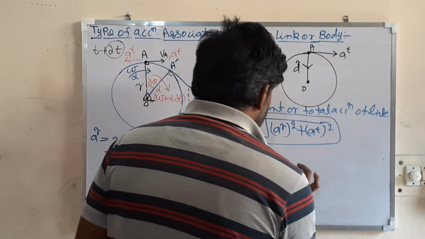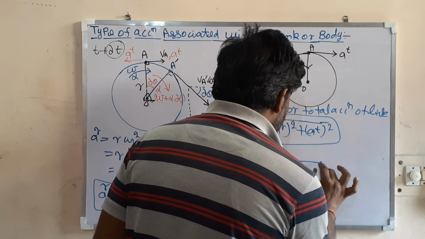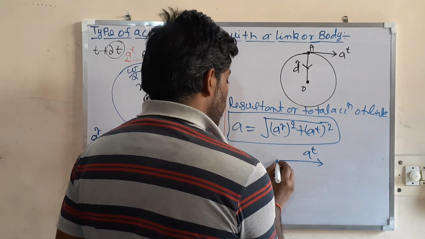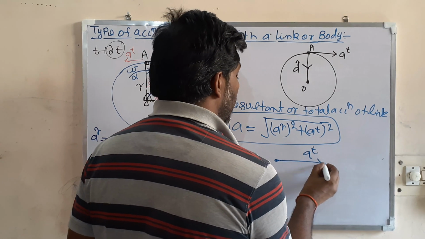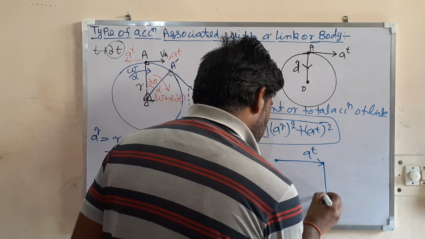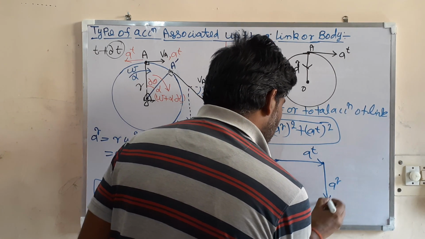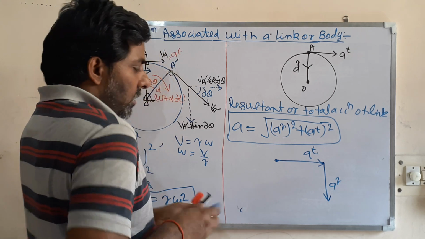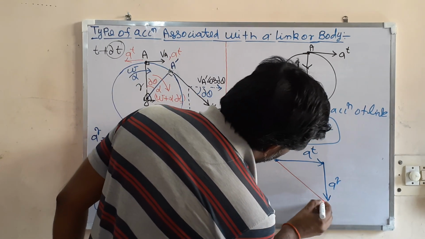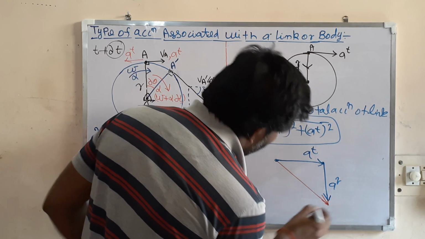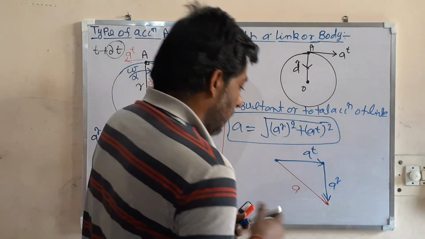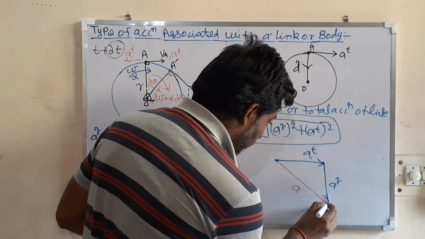This tangential acceleration is along this. In magnitude and direction you draw along this direction, that is AT. This is the tail of this vector, this is the head of this vector. From the head draw another vector, that is the radial acceleration AR. Now you join the tail of the first vector to the head of the last vector to get the total acceleration.